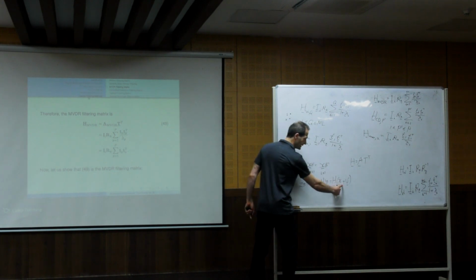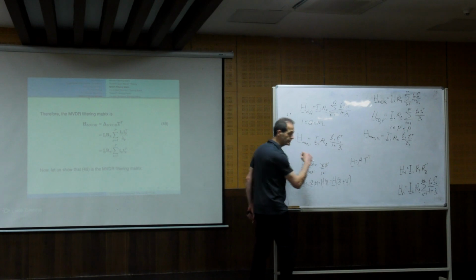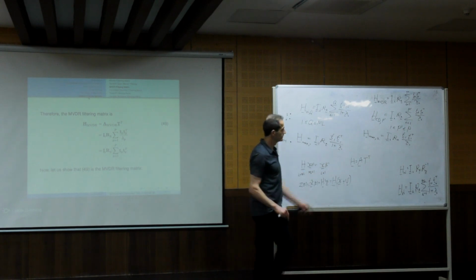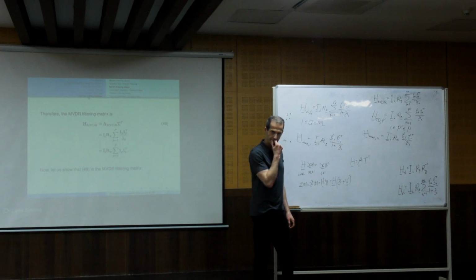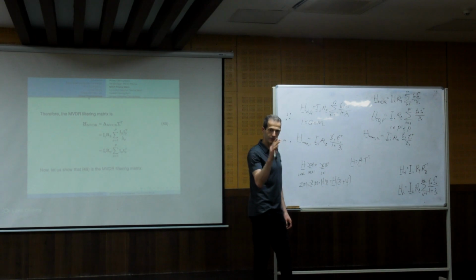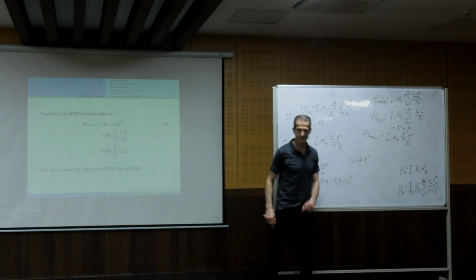But if I care only about the signal distortion, the error between this part and X1, it will be minimal using this. Okay? So I can ask more questions, but I don't want to add more questions. One question at a time. So which one is better?